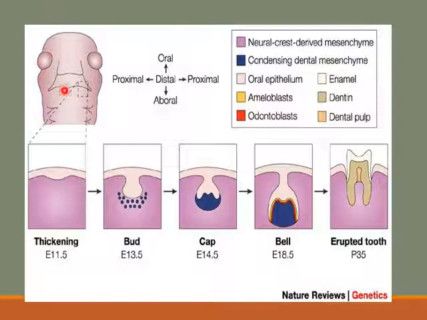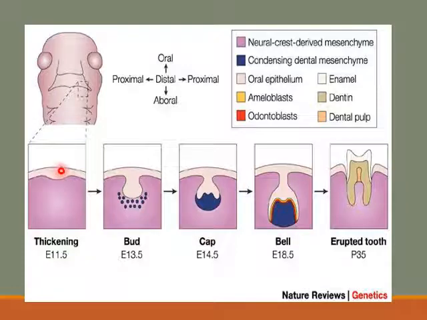This diagram shows the head of the embryo during early tooth development. This is the eye of the embryo, this represents the future nasal septum, and this represents the primitive oral cavity. When we take this cube, this represents the oral epithelium at this area, and this represents the mesoderm or ectomesenchymal cells.